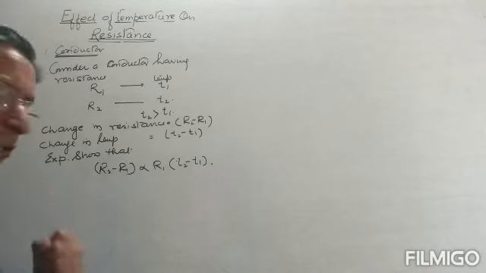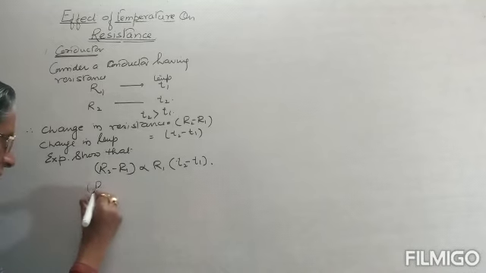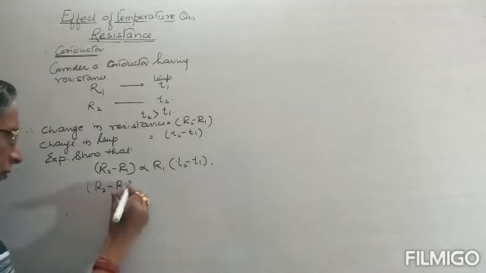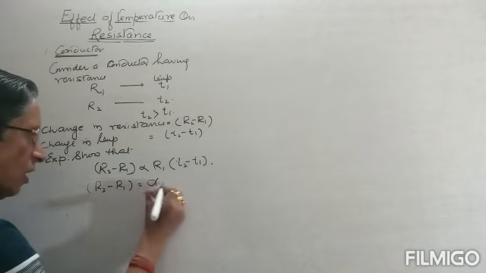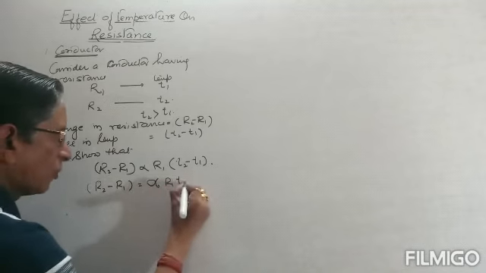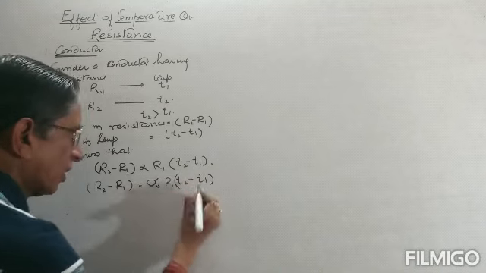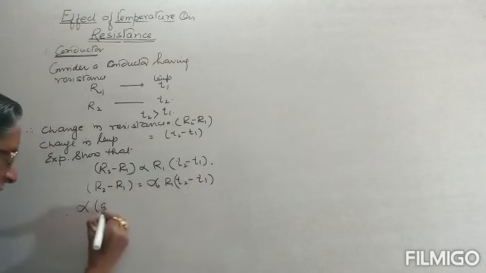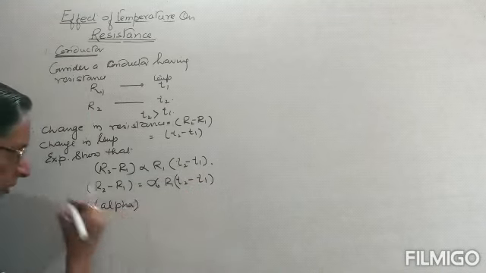To remove the proportionality sign, we introduce a constant: R2 minus R1 is equal to alpha R1 into T2 minus T1.